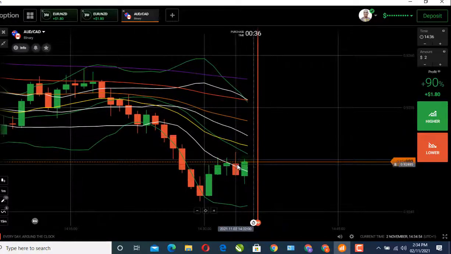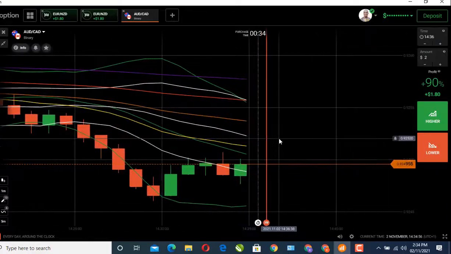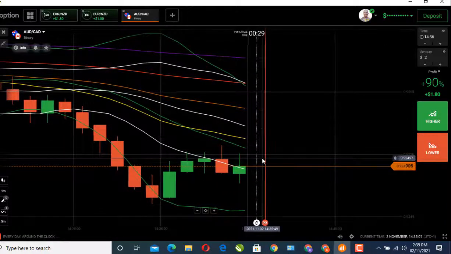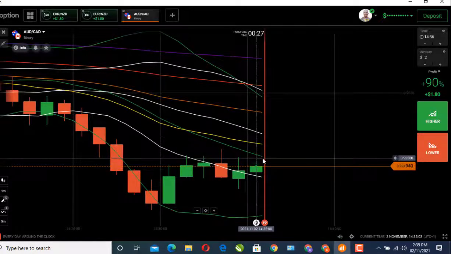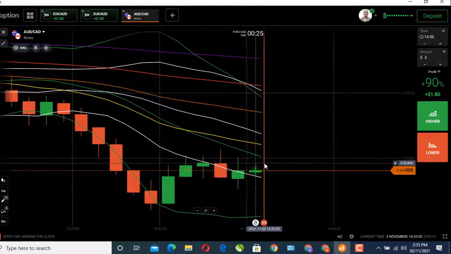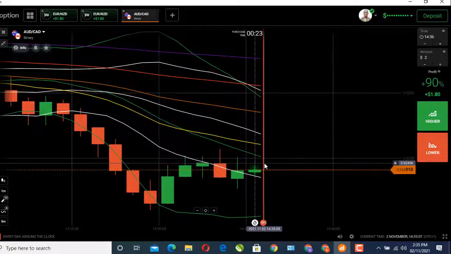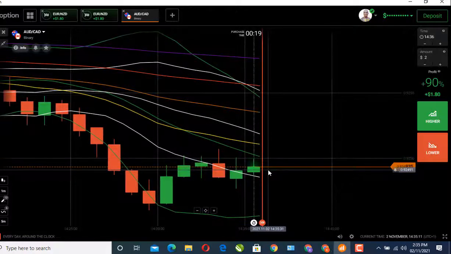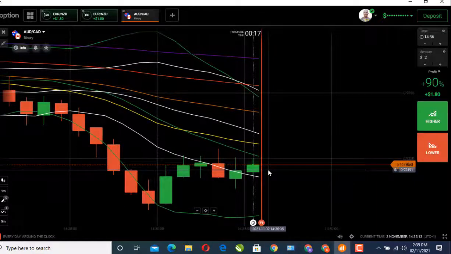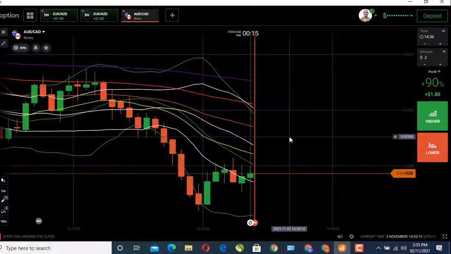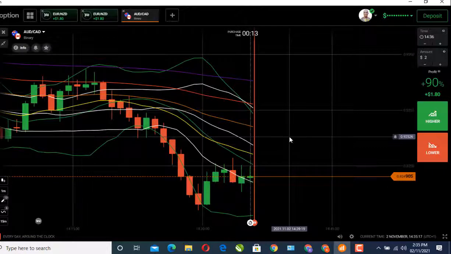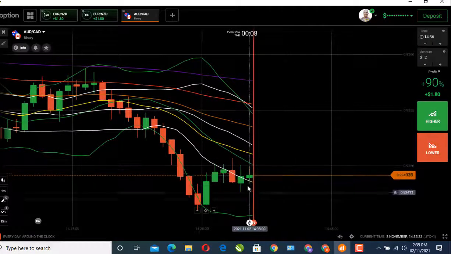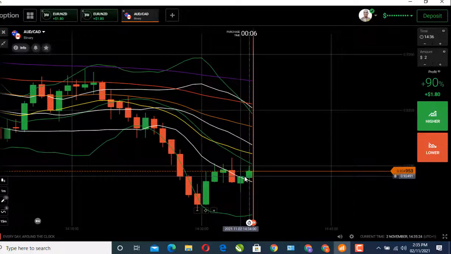Oh, this is the retracement, but I know the market must consolidate maybe before it starts going up. Only because of the volatility, you have to be careful. So the market is trying to consolidate.